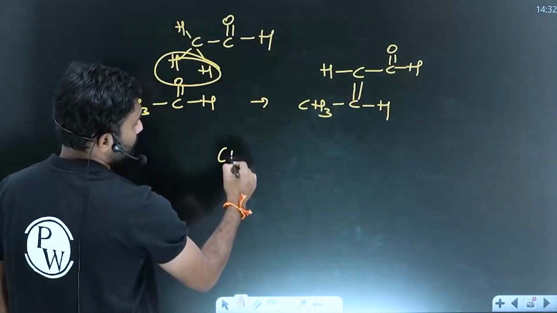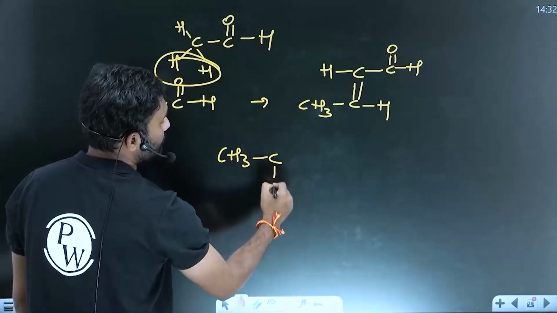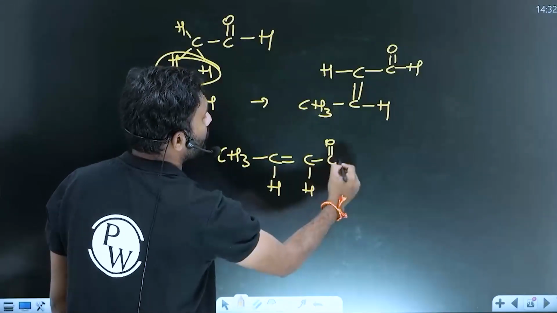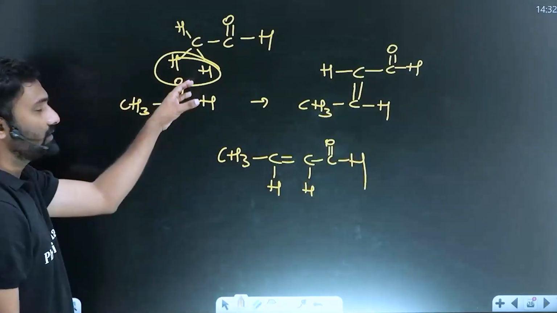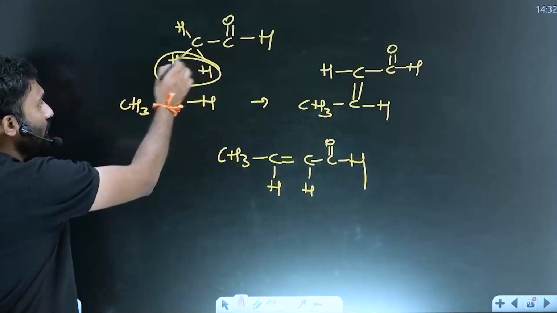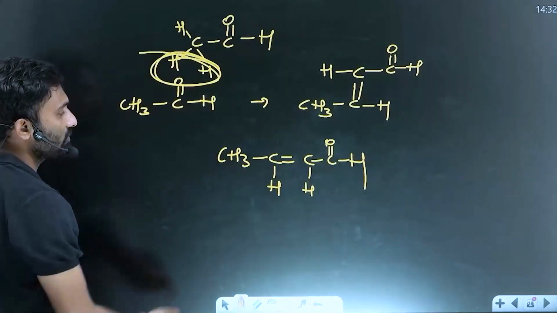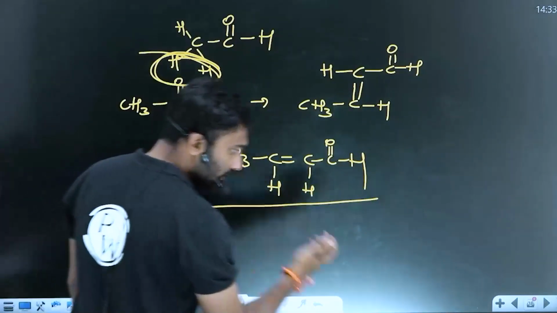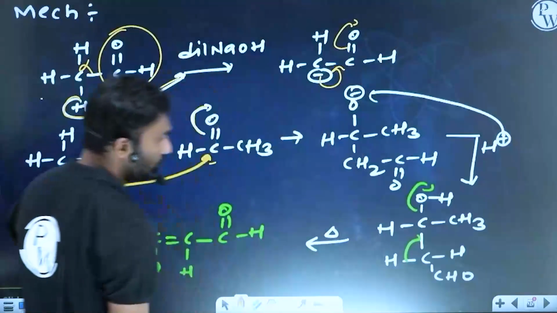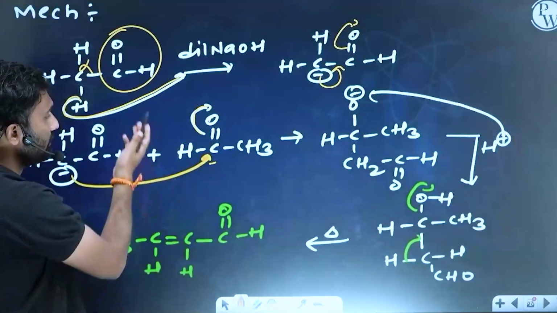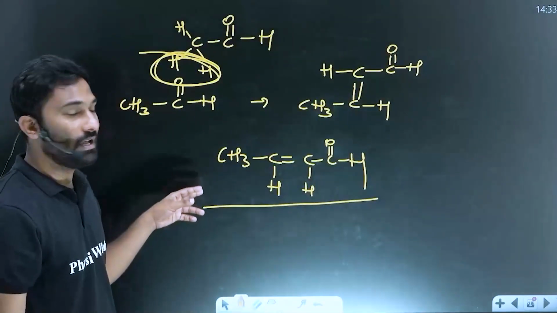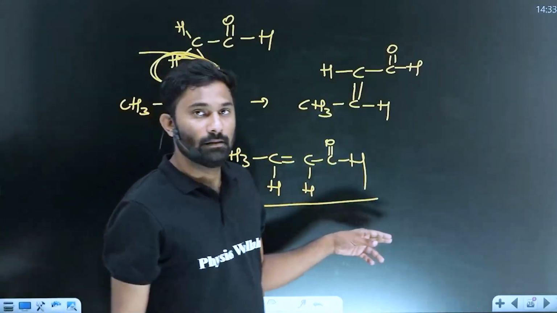CH3 C H double bond CH C double bond H. Now here this is the shortcut. So, elimination of the water molecule takes place, and it will give the alpha beta unsaturated carbonyl compound. Now this is a mechanism, and that is a shortcut to find out the aldol condensation.